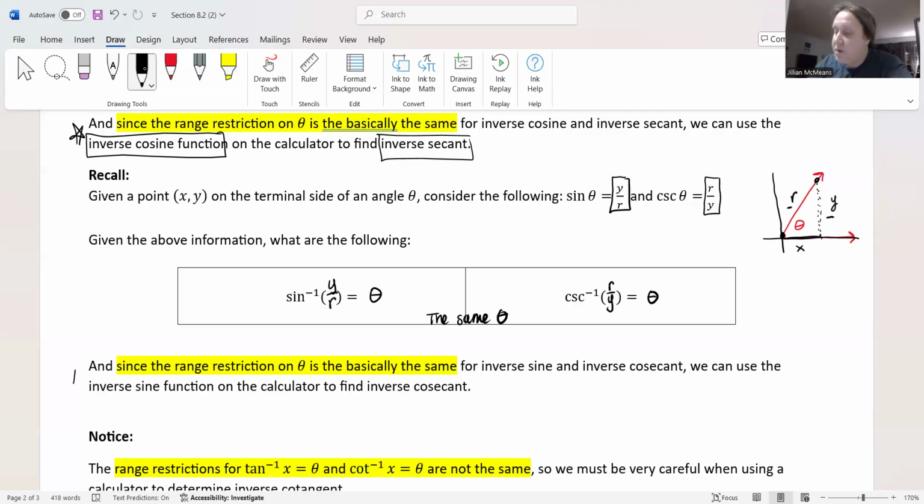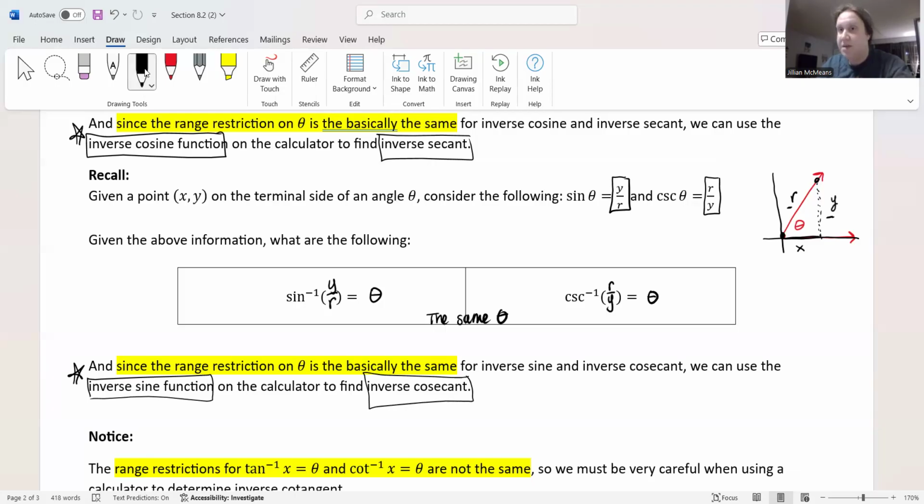And so the great news here is that when we were building inverse sine and inverse cosecant, we restricted the domain of sine and cosecant the same way, which means the restricted range is basically the same for both of these functions. So what we have written out here is that since the range restriction on theta is basically the same for inverse sine and inverse cosecant, we can use the inverse sine function on the calculator to find inverse cosecant.